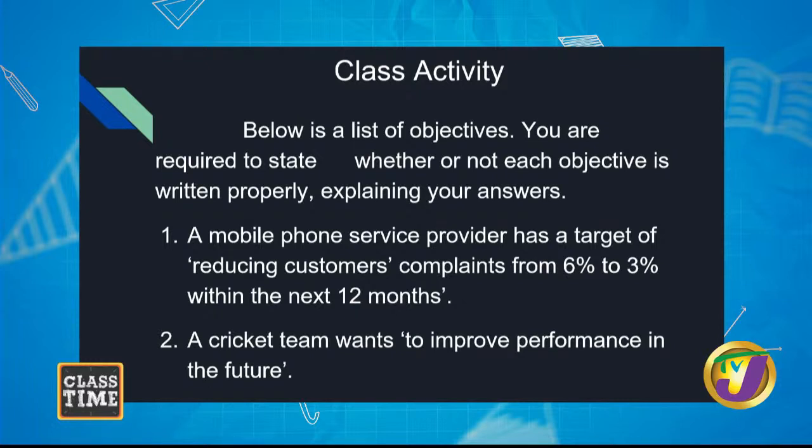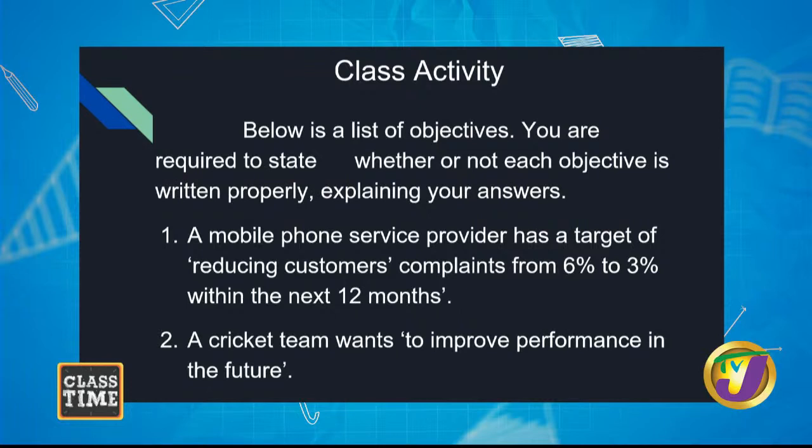Let's go. The first one we have here: a mobile phone service provider has a target of reducing customers' complaints from 6% to 3% within the next 12 months. Take a minute. Not really a minute, but a couple of seconds, because I know you guys are brilliant students. Think about it.